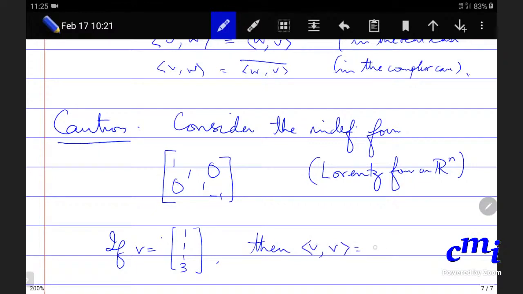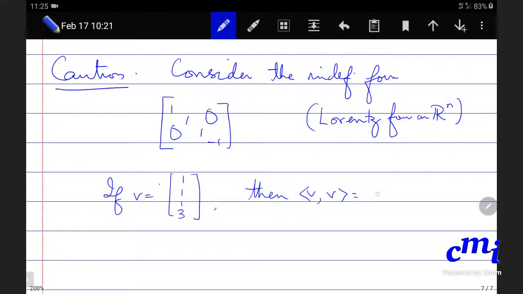Please check. Somebody help me. Sorry, this is 0. If it's not, please check after the lecture. If it is not, I will fix it. I just didn't check the numbers correctly.